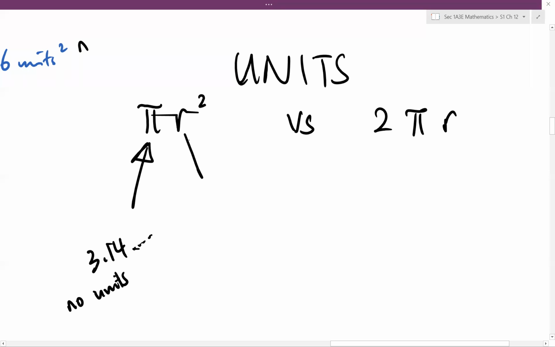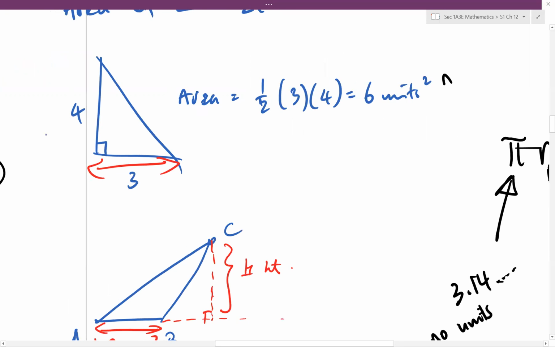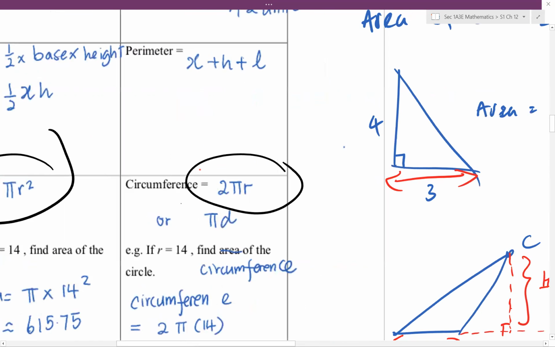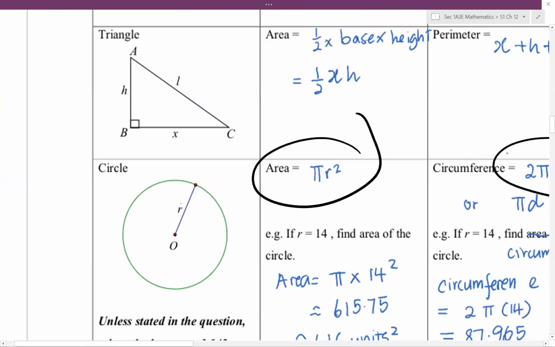What about the r? What does r refer to? Radius. Does radius have units? Radius has units. It is the length. It refers to the distance from the center of the circle to any point on the circumference. R, radius, has units.